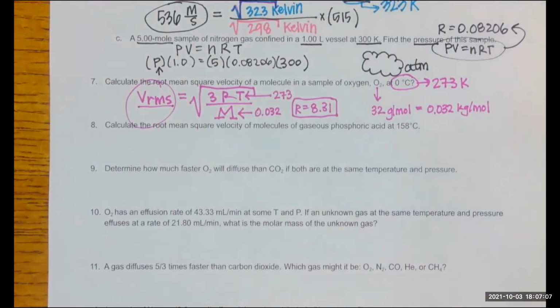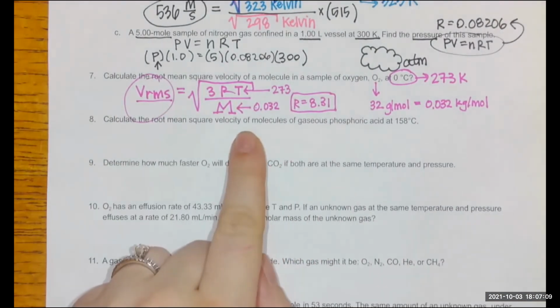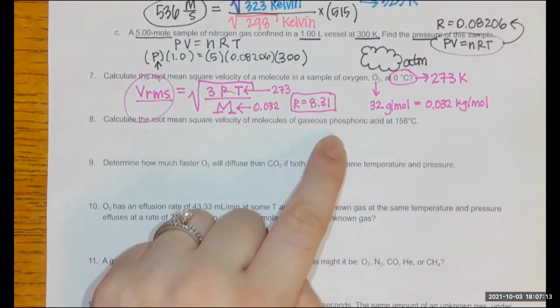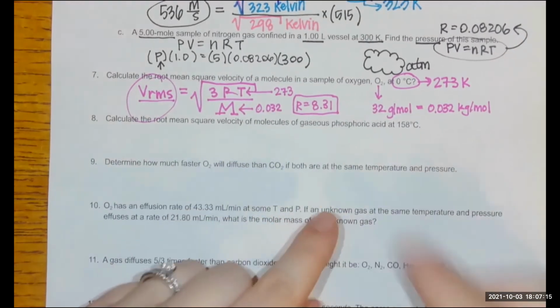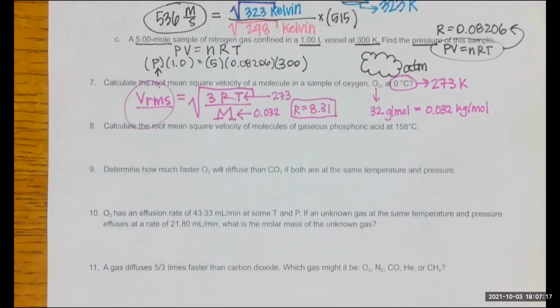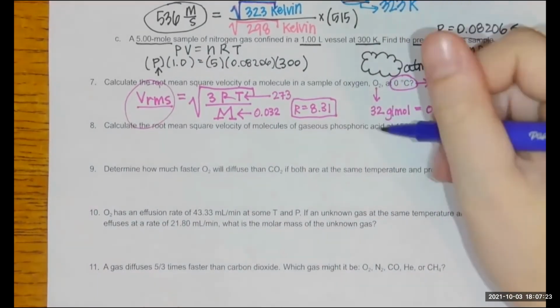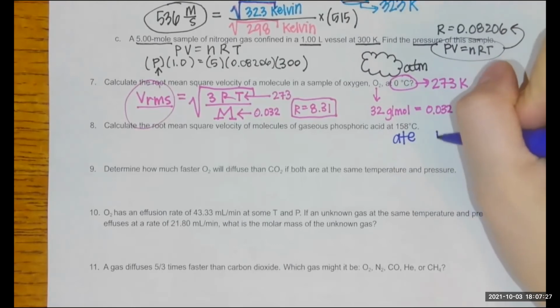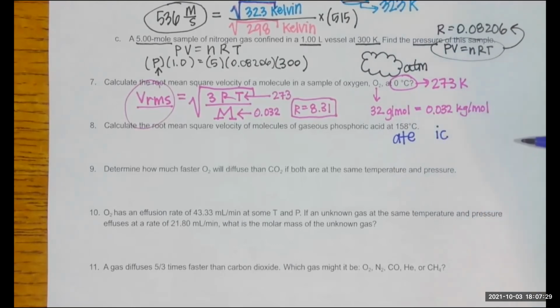Next one, same thing, super easy. Root mean squared velocity of gaseous phosphoric acid. The hardest part of this problem is knowing what the formula for phosphoric acid is, so I'll help you out. If I ate the whole cake, I would feel icky.